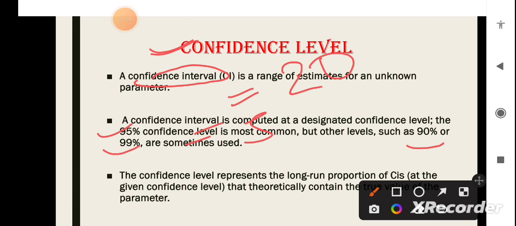Now let's see what the 90% confidence level means. The 90% confidence level means that we are 90% sure and there is only 10% chance that our calculated value will be an outlier. For the 95%, we are 95% sure and there is only 5% chance that our calculated value will not lie in the range which we have chosen.